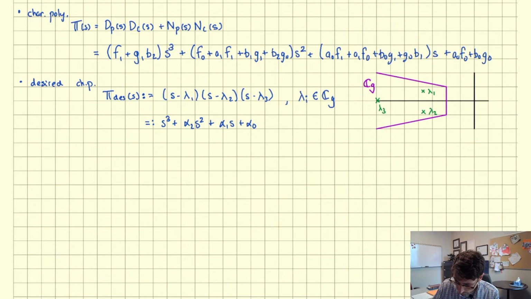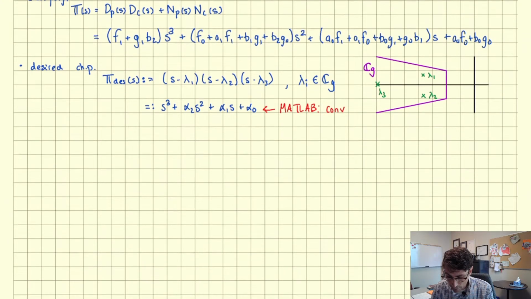I'll mention here that you can use the MATLAB command to do this. Convolution, right? So it'll convolve to do that calculation. So once you pick your desired pole locations, you can generate this polynomial. All right, so now we're just going to equate coefficients.